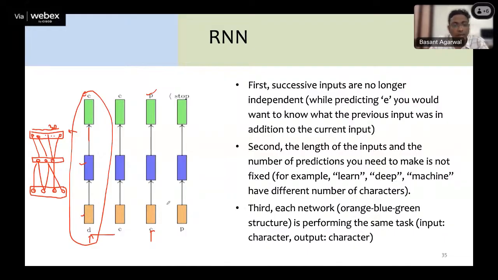If we do not connect them in between, it will be similar to this. So each network is basically given a character, predicting the character, given a character, predicting a character, and so on. And we stop automatically when the network predicts that it should stop. There is no need of using padding or anything else.